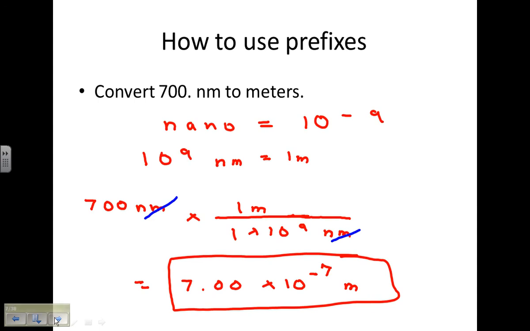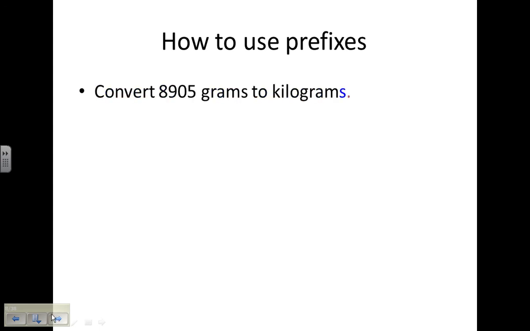Okay. Our last one is to convert grams to kilograms. Kilo means 10 to the third. So there are 1,000 grams in 1 kilogram. So on this one we have 8,905 grams.